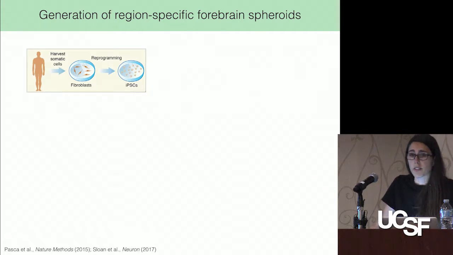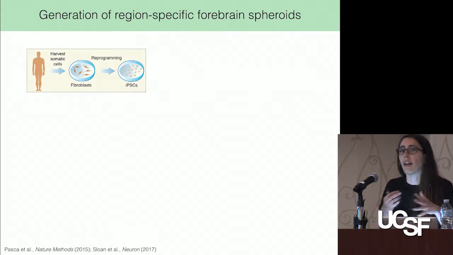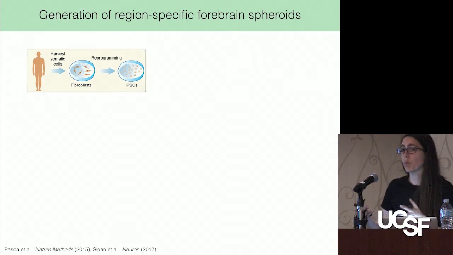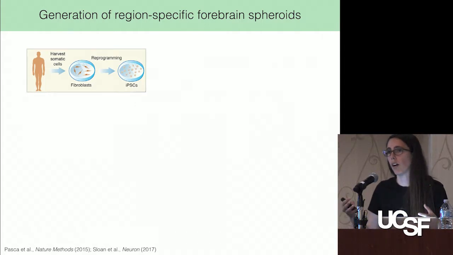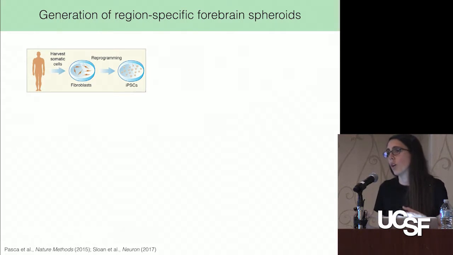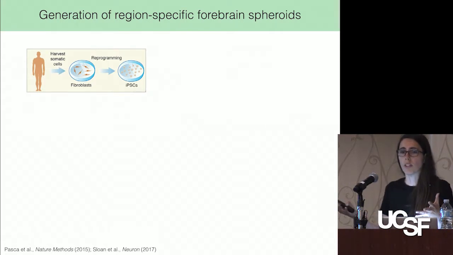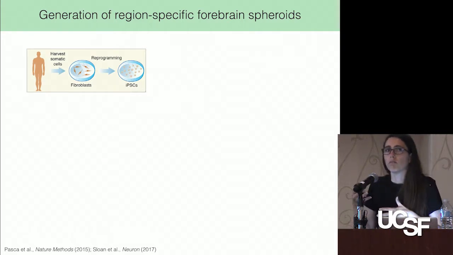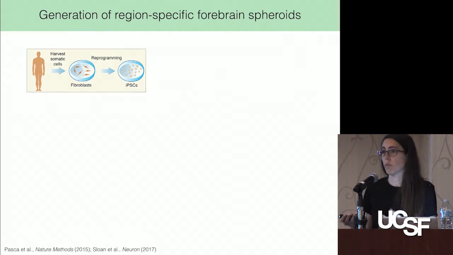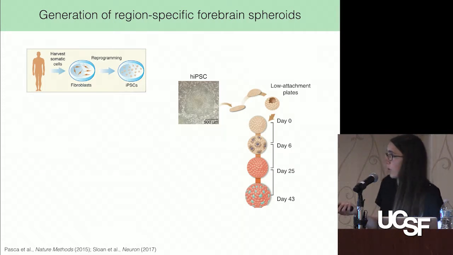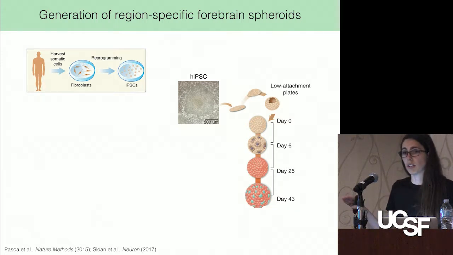And with this fairly recent technology, what we can do is get skin cells or fibroblasts from any individual, and then we can reprogram them into an embryonic-like state that is pluripotent, that enables us to push these cells into any fate that we need based on the developmental cues that we know from development. And so once we have these pluripotent stem cells, which I will call iPSCs, we can grow them in culture.